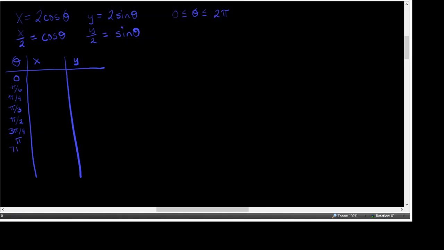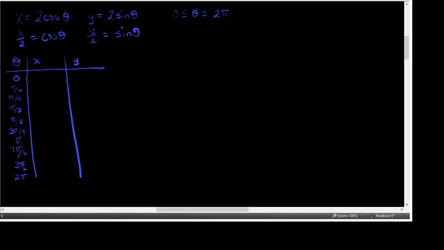So I'm just finding a few. I think by the time we get to 3 pi over 2, we're going to kind of know what's going on. So I'm getting kind of thin in values at that stage.